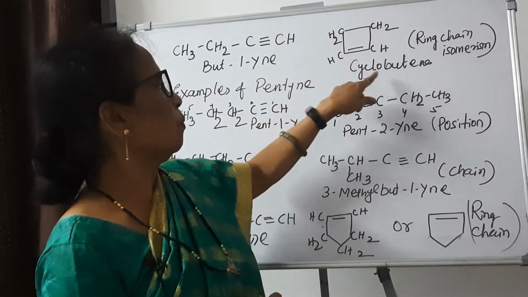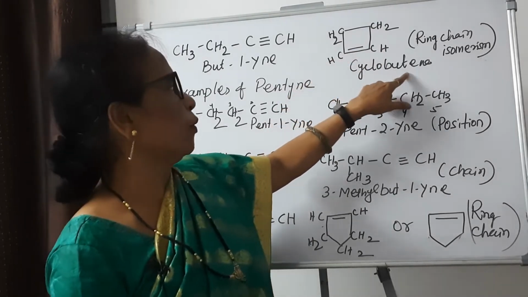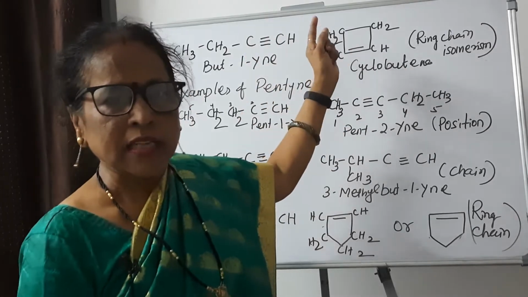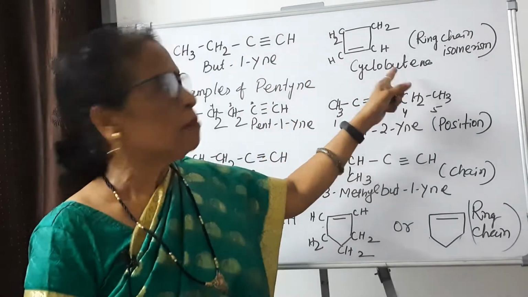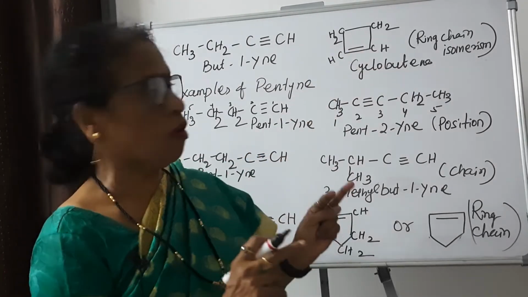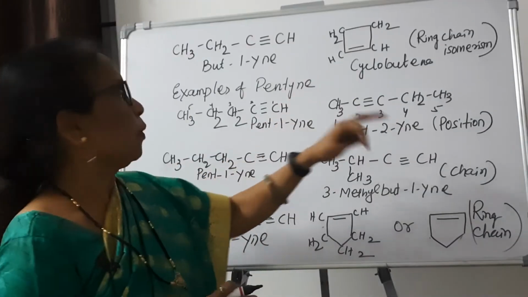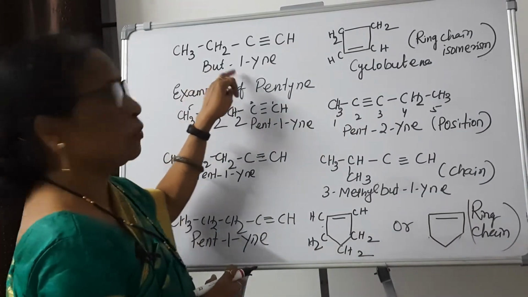Cyclobutene means 4 carbons and a double bond. You can find they have the same molecular formula but different arrangement of atoms in ring chain form. That is why it is called ring chain isomerism. So it is cyclobutene and it is but-1-yne.